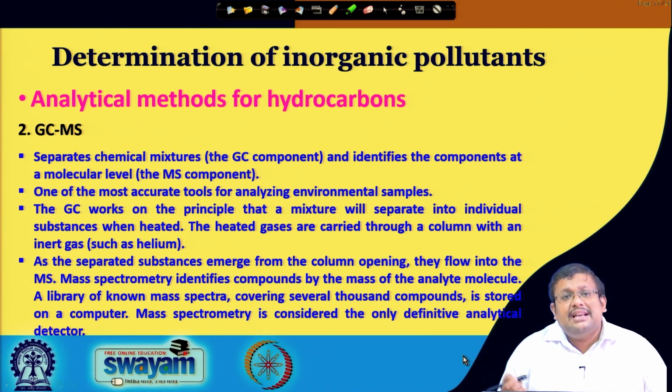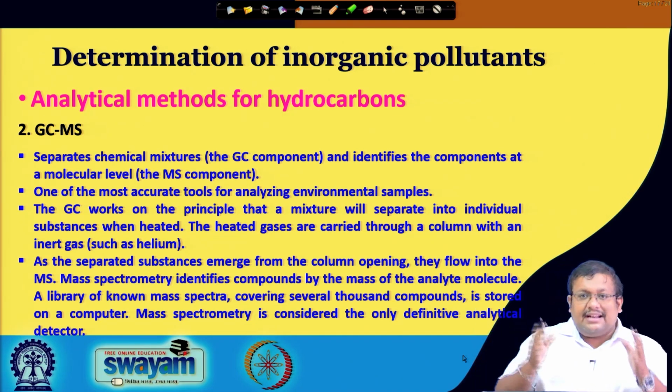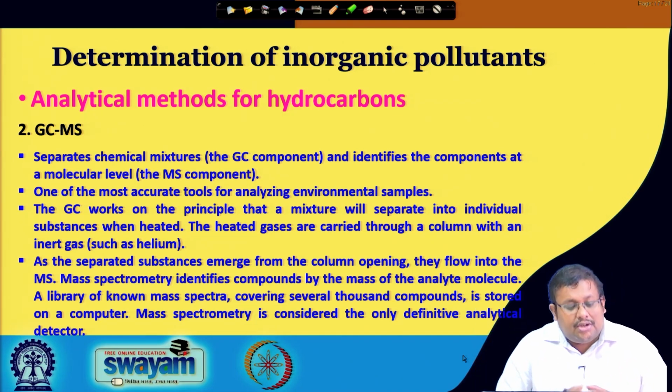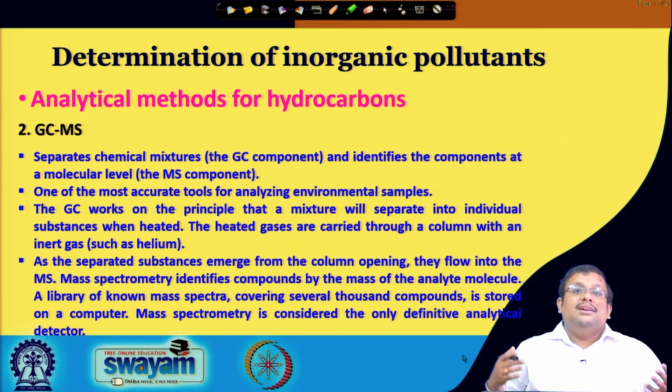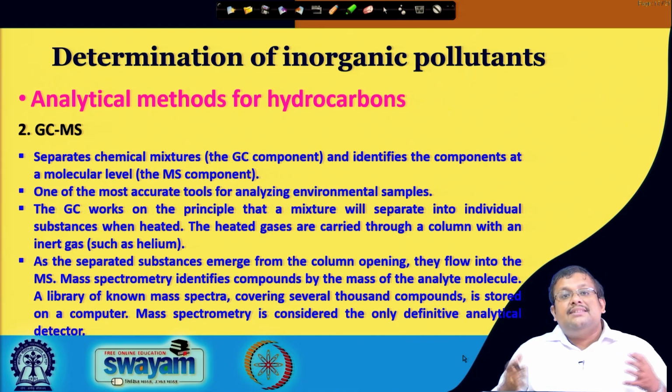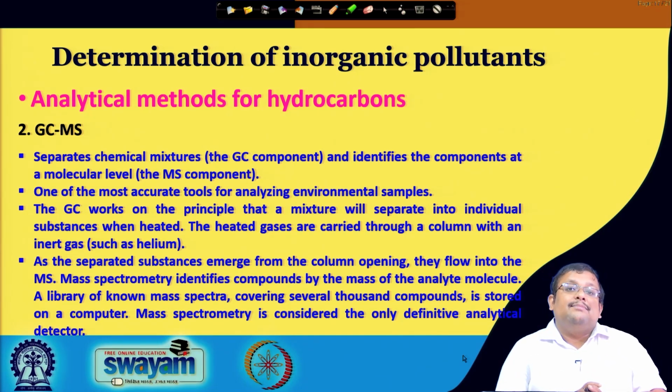Another instrument that we use is called GC-MS. Basically, it is a mass spectrometer attached to the GC system. This GC-MS separates the chemical mixture and identifies the components at a molecular level, and remember that it is one of the most accurate tools for analyzing environmental samples, just like we have discussed in the case of ICP-MS.